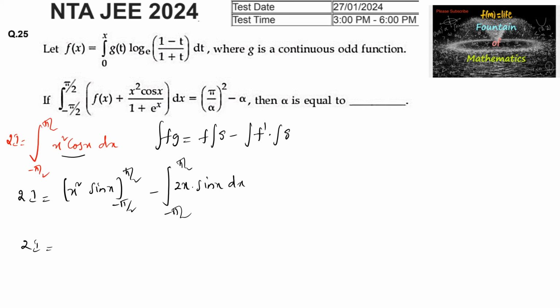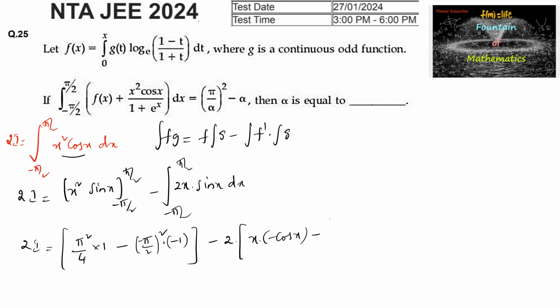So we can write 2I is equal to, substituting here, pi square by 4 sin pi by 2, which is 1, minus minus pi by 2 whole square into sine of minus pi by 2, which is minus 1, and here minus 2 times of, and again applying the FG rule, x into integration of sin x is minus cos x, and minus integral of the differentiation of x, which is 1, and integration of sin x is minus cos x, that is plus cos x here, over the limits minus pi by 2 to plus pi by 2.